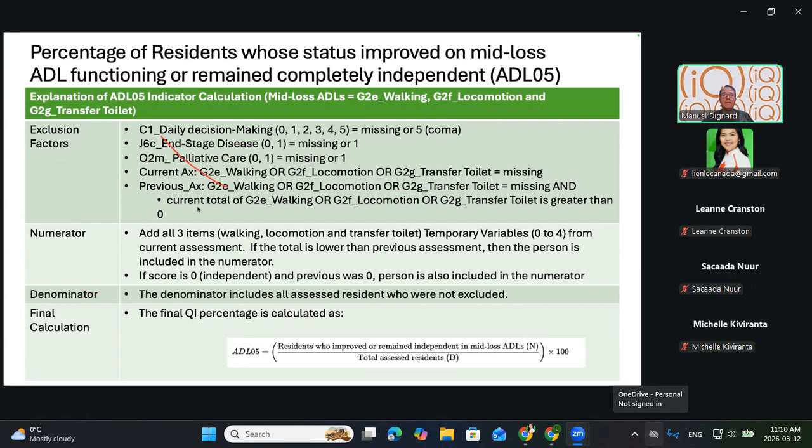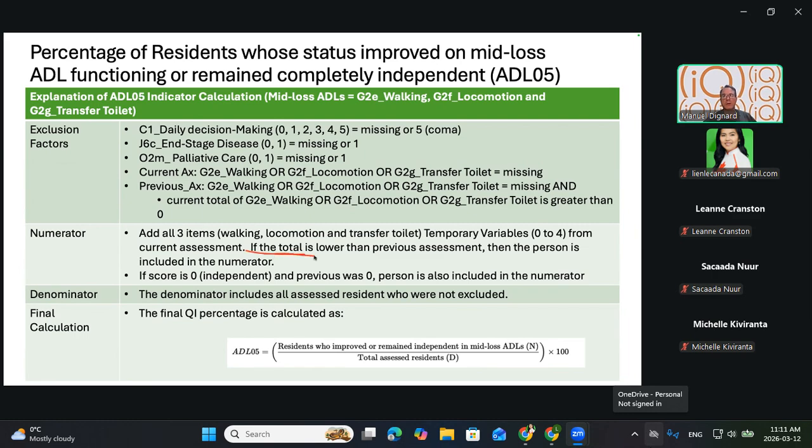If you don't have any of these, then we're going to look at you. We're going to add all three items. How are we adding them? We're adding the 0 to 4 numbers, right? Because we converted all of those from 0 to 8 to a 0 to 4. Okay, we're talking about walking, locomotion, and transfer to toilet.